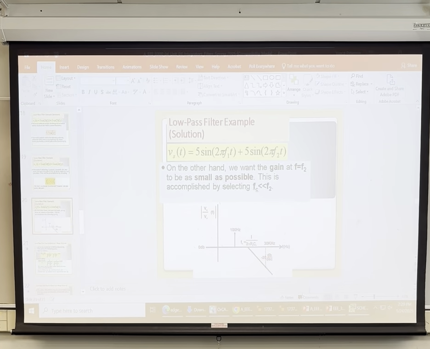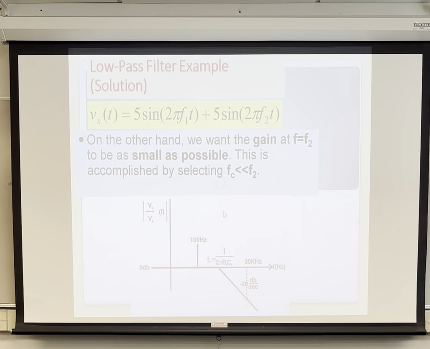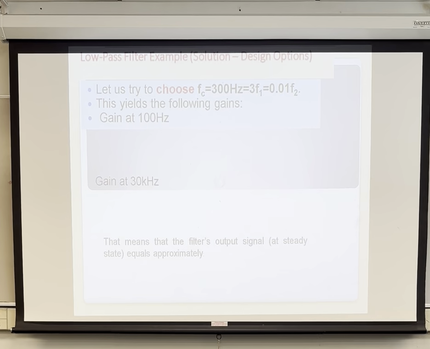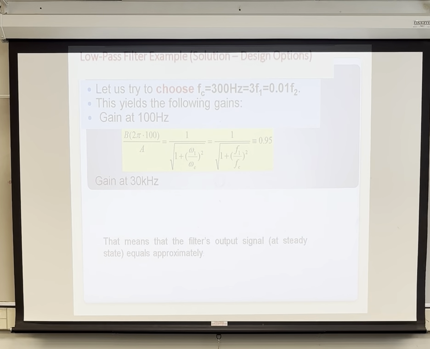Which means it's arbitrary. There are hundreds of ways to actually meet that specification. So the designer here, let's say, chooses a cutoff of 300 hertz compared to the desired frequency of 100 hertz.